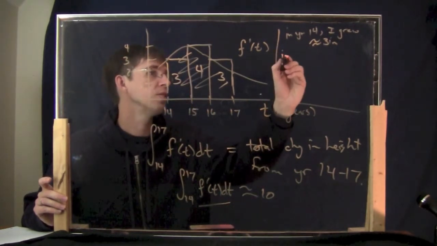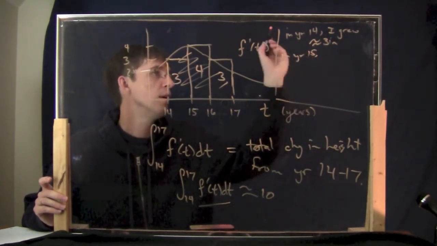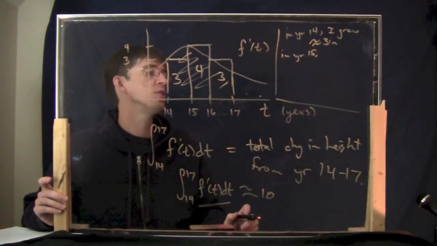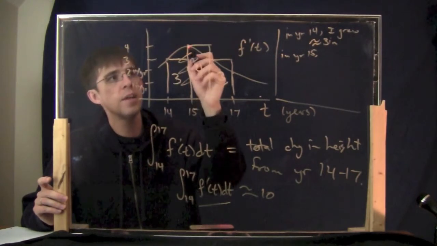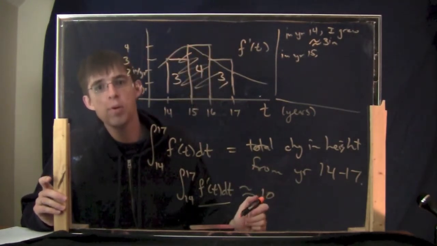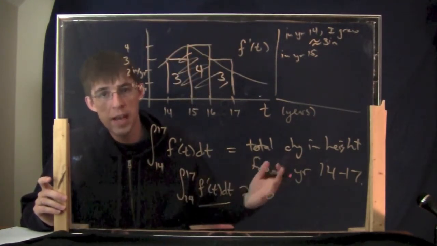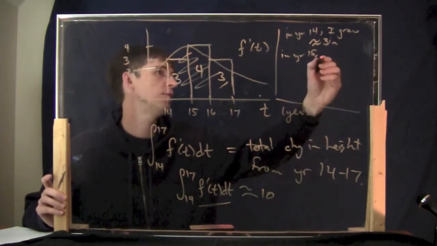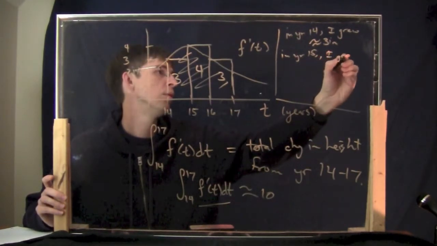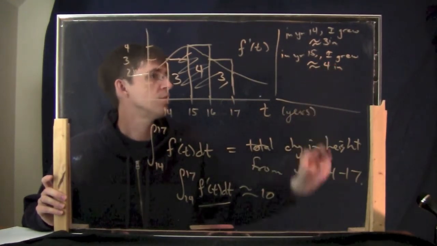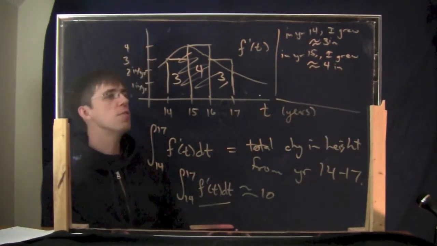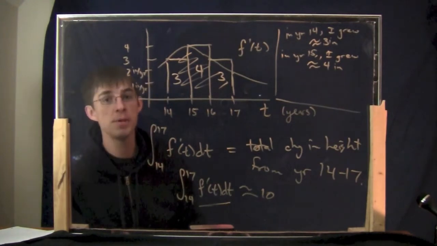All right, what about the next year? In year 15, how many inches did I grow? Well, you look at the graph, you see in year 15, at the beginning at least, I was growing at a rate of 4 inches per year. So in year 15, I grew approximately 4 inches.